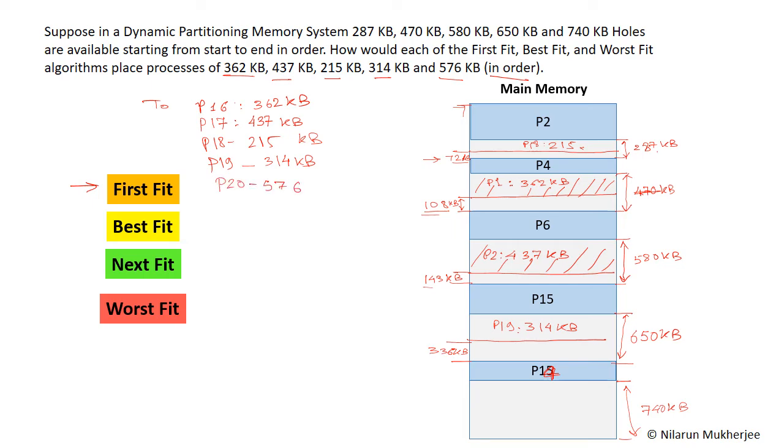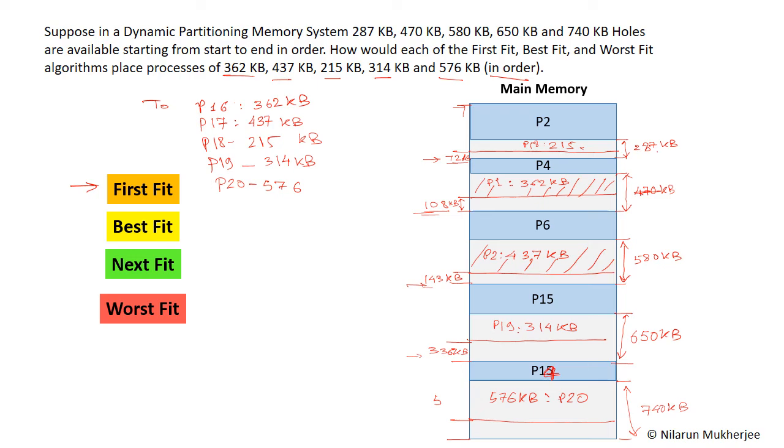Now the last process comes, 576. Again it starts searching. This will not fit, this will not fit, this will not fit, this will not fit. So it will find here it can be loaded. So it loads 576 kb, P20 here.